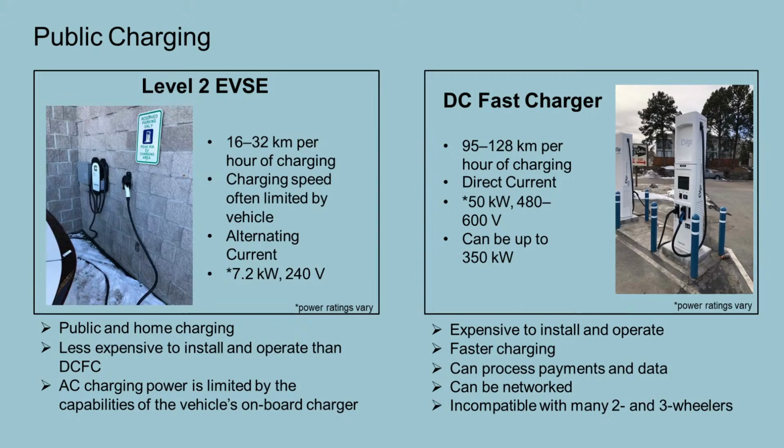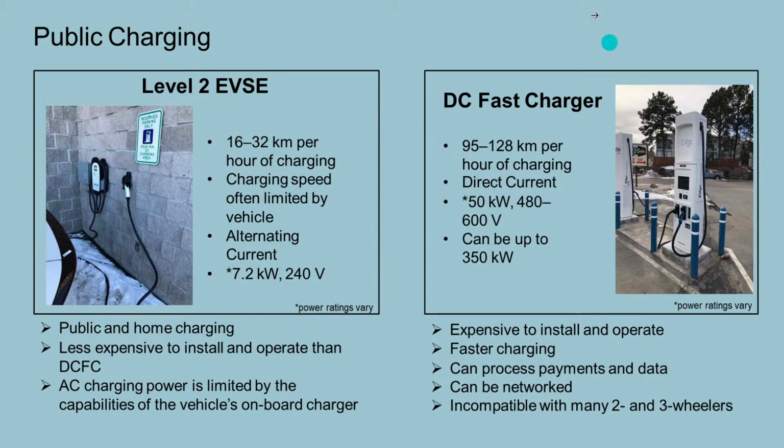DC fast chargers are the super fast chargers you might see on highways or special charging stations. Level 2 chargers are also limited by how powerful your car's own charger is. Some cars can take in power faster than others.